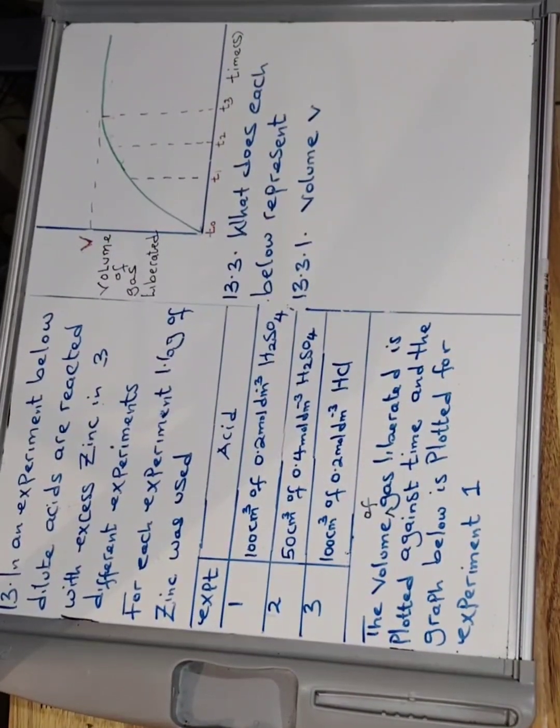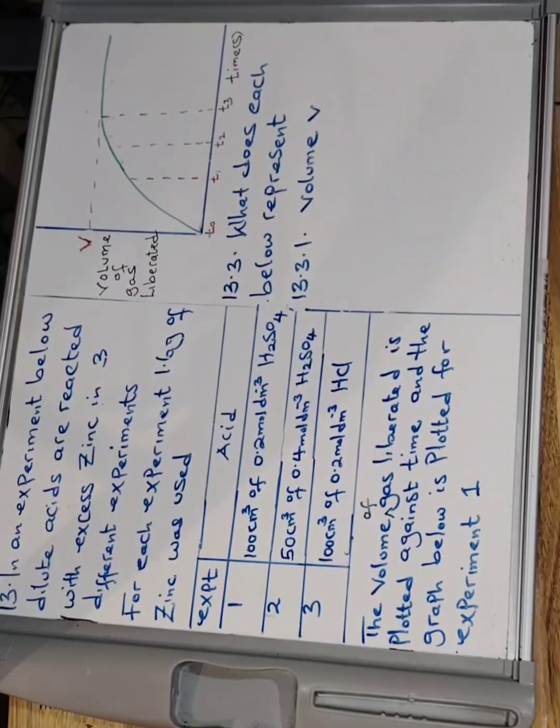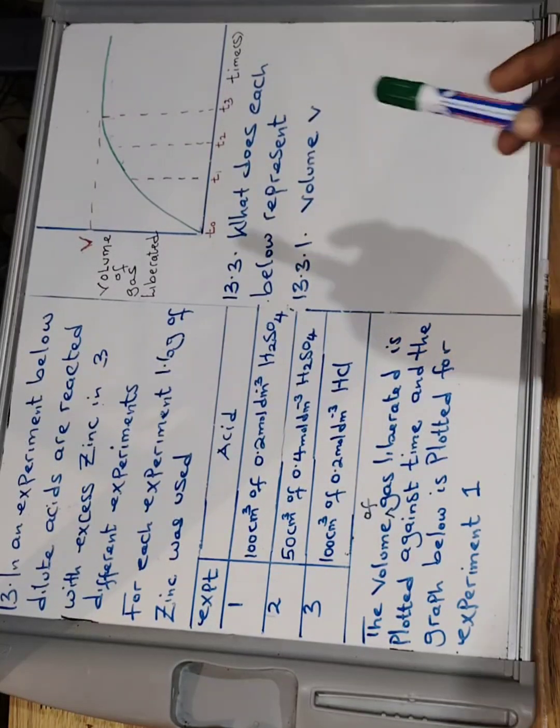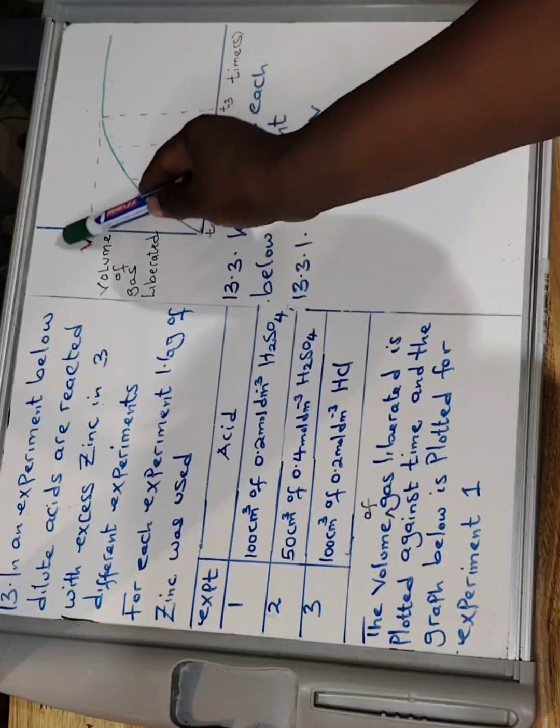Then comes this question 13.3. It says, what does each below represent? Okay, so volume V. Volume V is this one here.